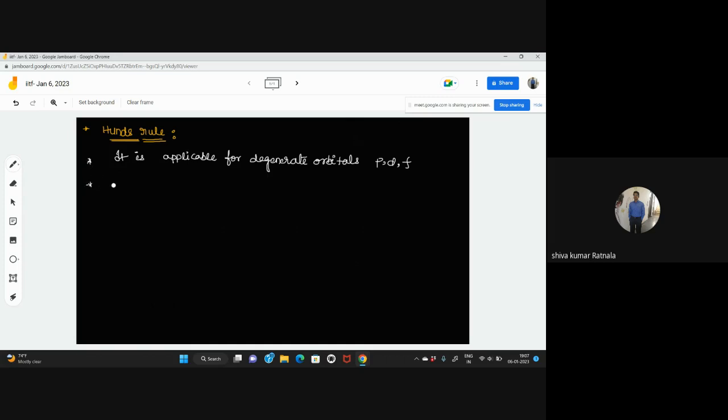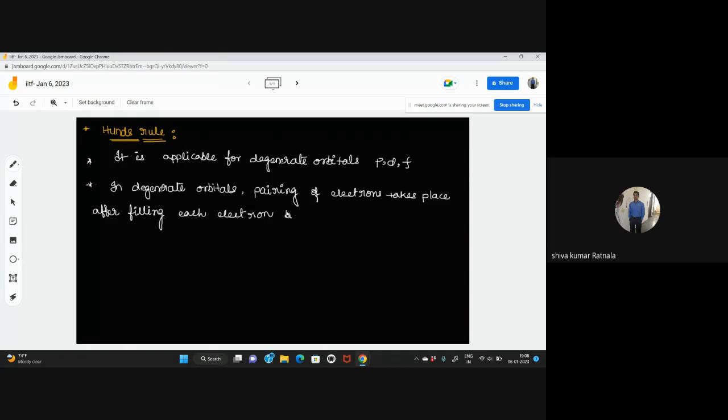Next, what we can say, in degenerate orbitals, pairing of electrons takes place after filling each orbital by one electron.